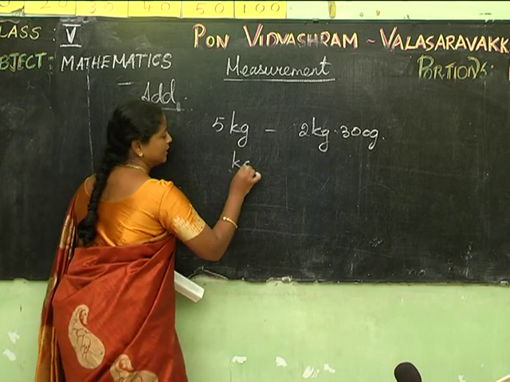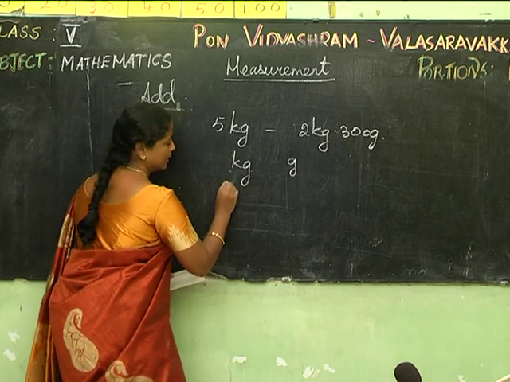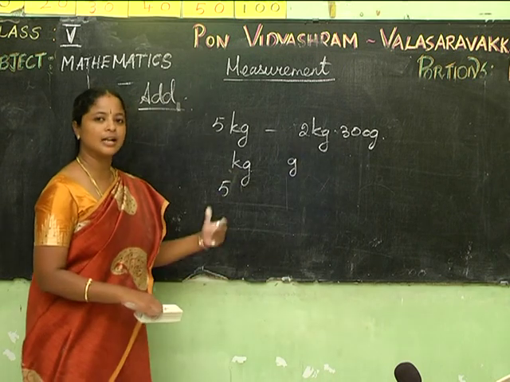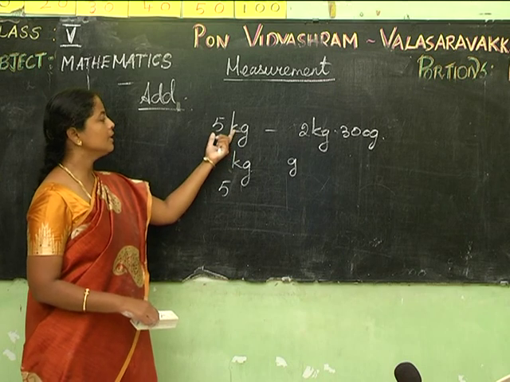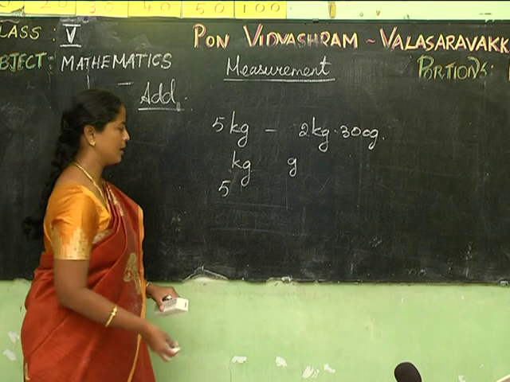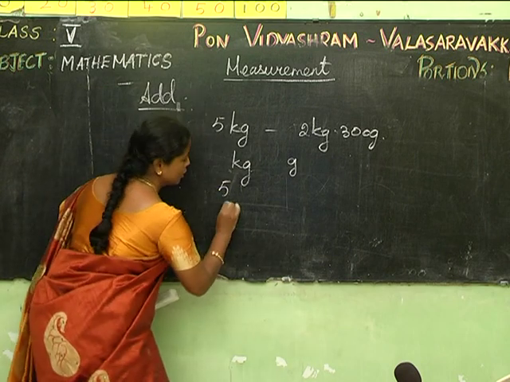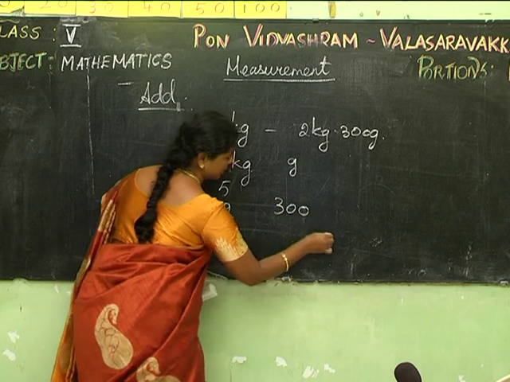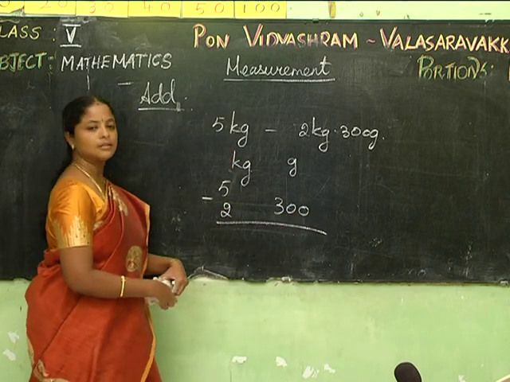I shall write the kg and gram separately. That is 5 kg and grams. Or you can do it in another way. I can convert the kg to grams, and then subtract 5 kg and 2 kg 300 grams.